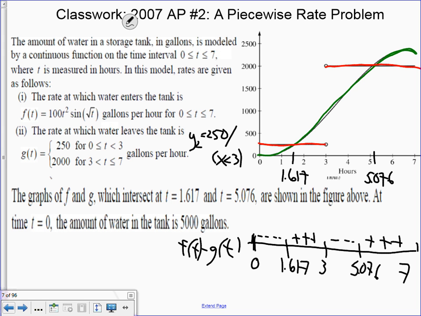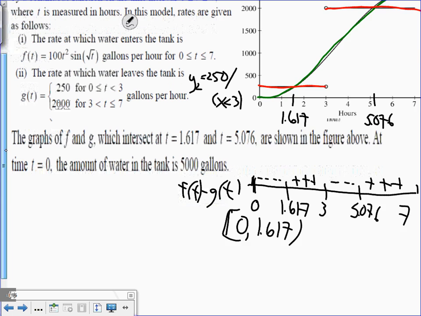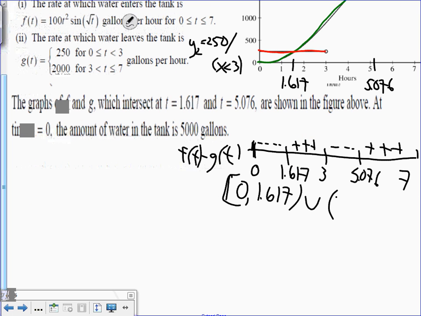So I'd say from 0, because it's definitely negative at 0, to 1.617. I wouldn't include that one because it's 0 there. Again, they're not going to get you if you do that. And then again, now at 3 itself, is it even defined there? No, so I'm definitely not going to do that. And then from 3 to 5.076, but that's equal there, so if you're going to include anything, just the 0.